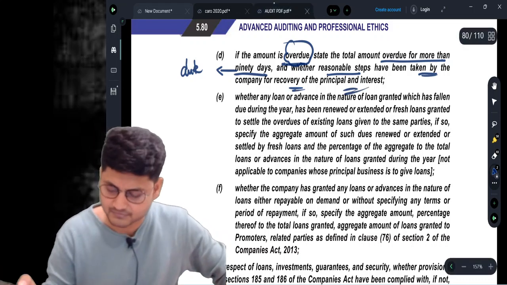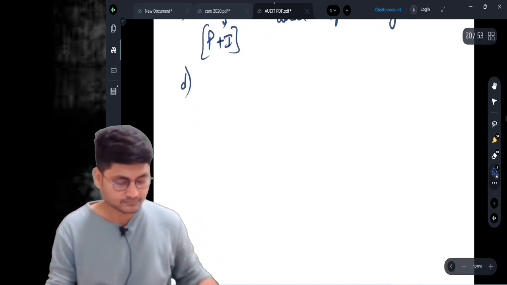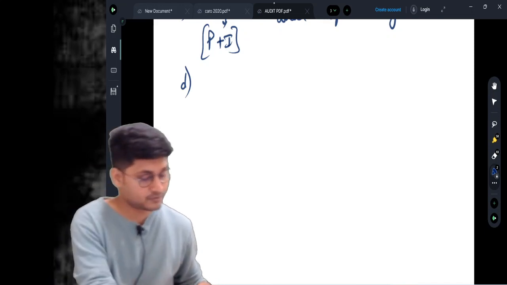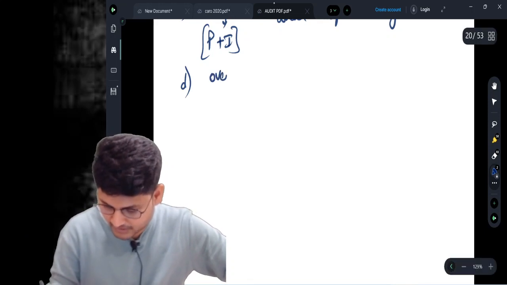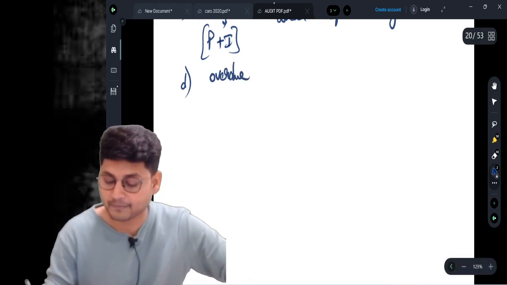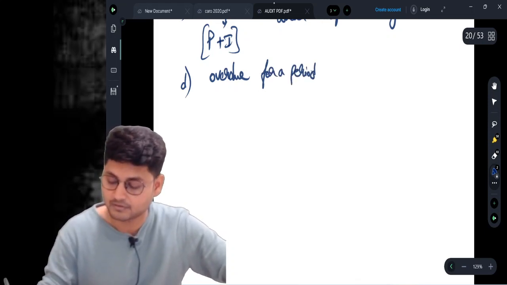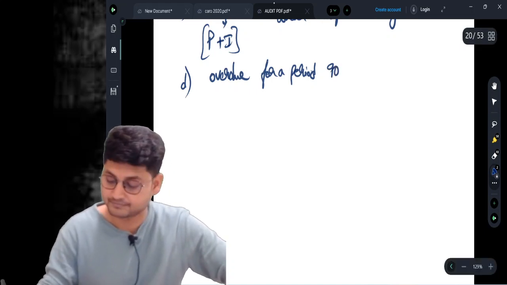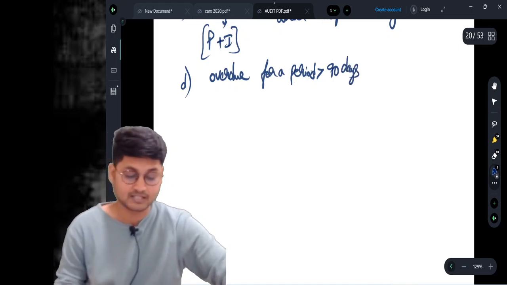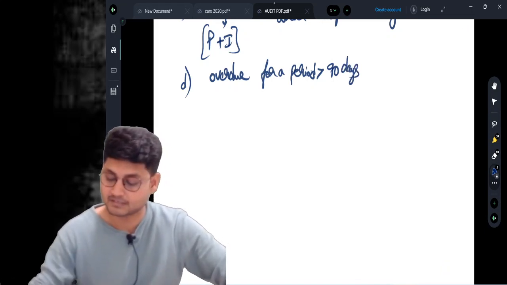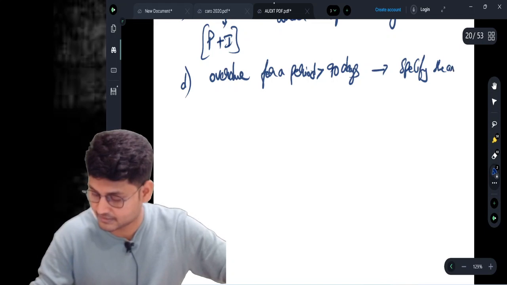So, simple points. Subclause number D is also talking about what? If the loan amount is due, it is talking about overdue for a period of more than 90 days. Then specify the amount which is overdue.